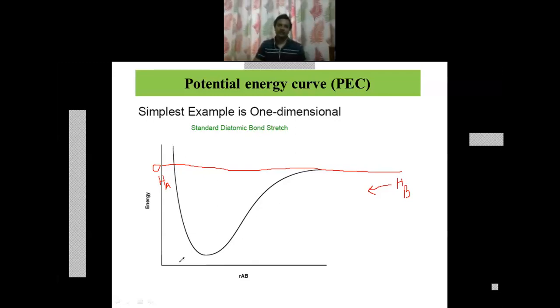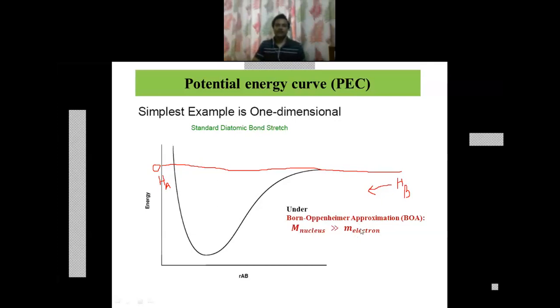That is basically under the Born-Oppenheimer approximation, in which we assume that the nuclei are very heavy compared to electrons, and therefore the motion of the nuclei can be separated from the motion of the electrons.